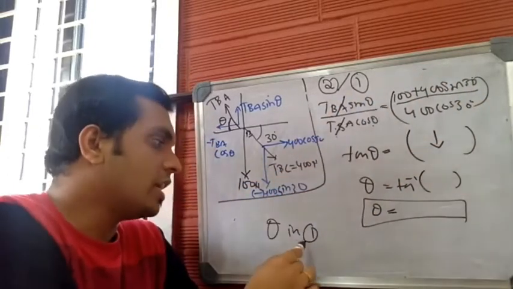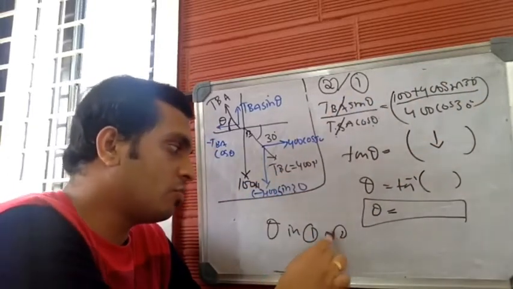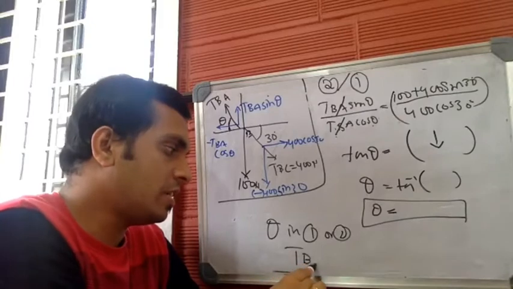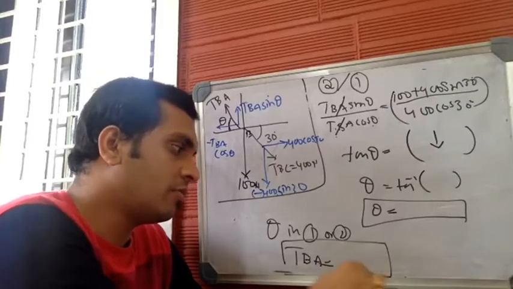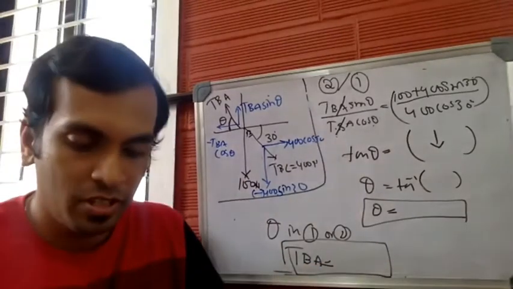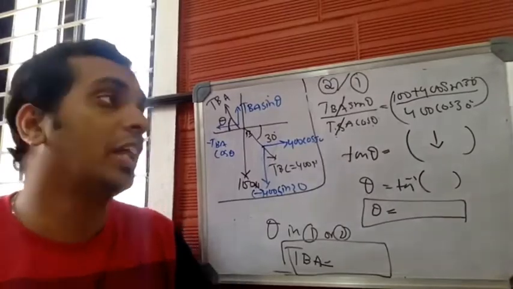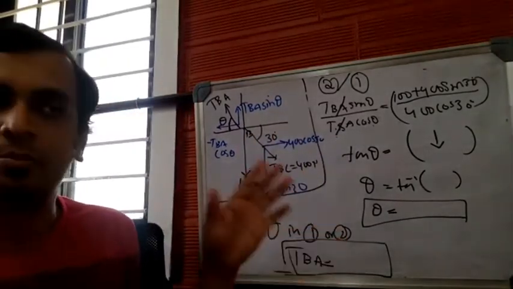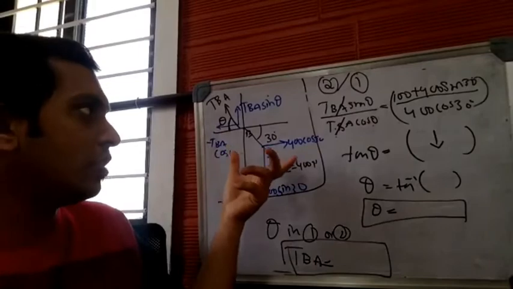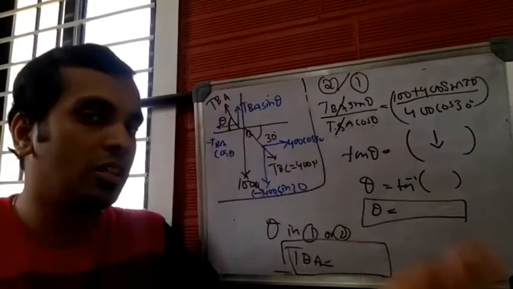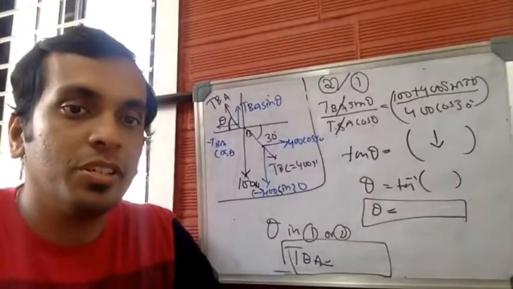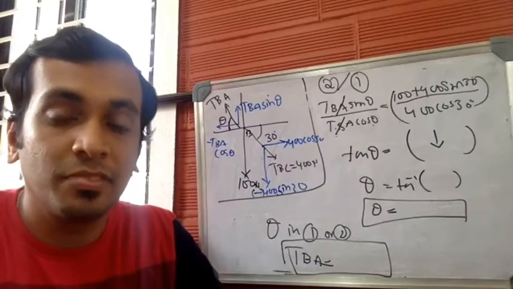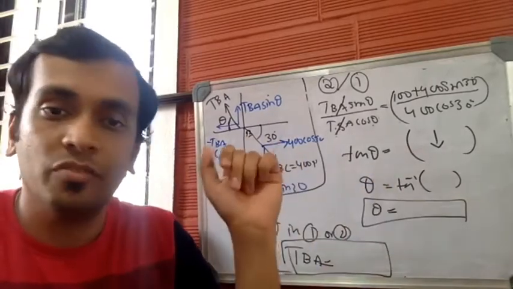In either of these equations, you get the value of TBA. So this is how we are supposed to do it if you have an unknown angle. The problem is easy. Since you have an unknown angle, even though you have three forces, you cannot apply Lami's theorem. This is the major disadvantage. You have to go with the conditions of equilibrium.